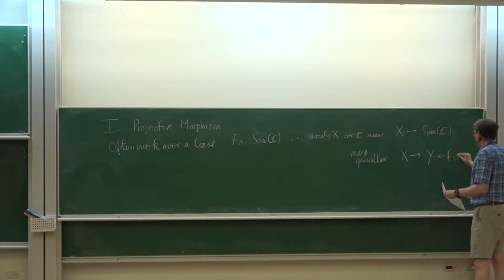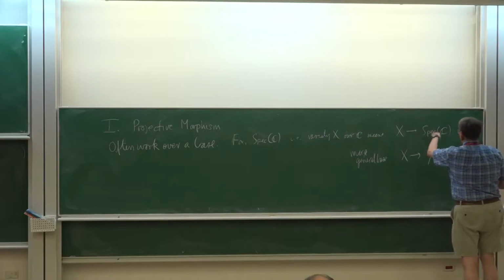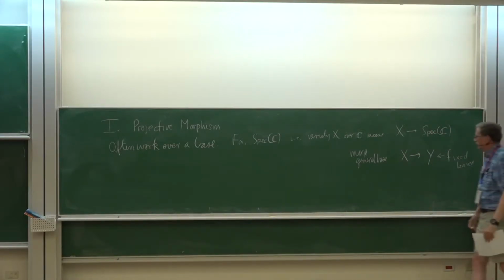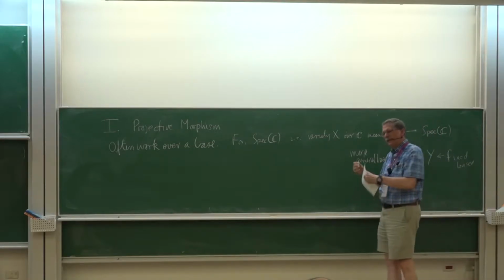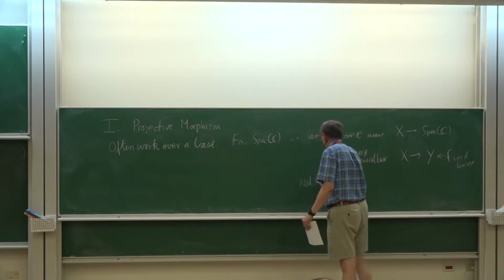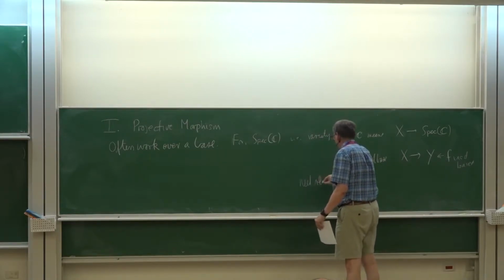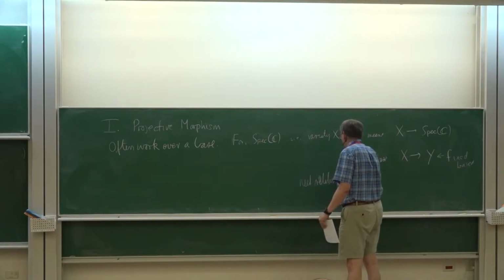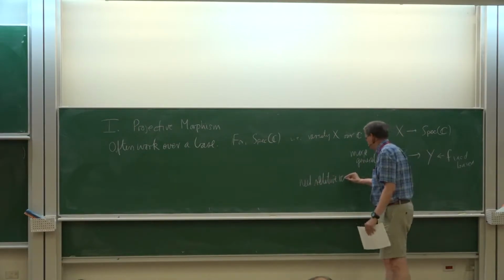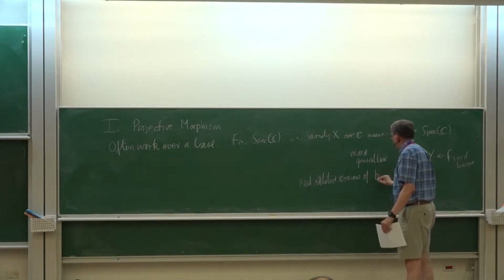So instead of working with just schemes over Spec C, you'll work with schemes over Y. And so what you want is you want often relative versions. It's relative to a base. So you need relative versions of basic notions.